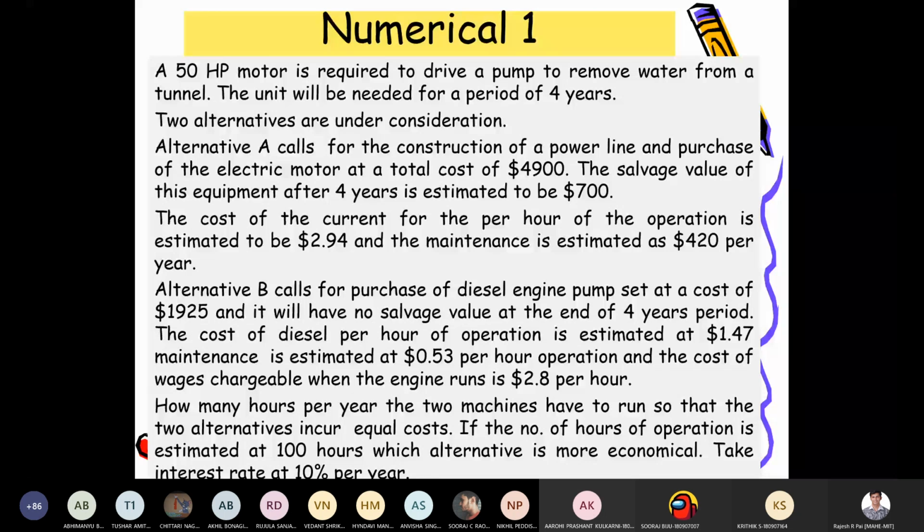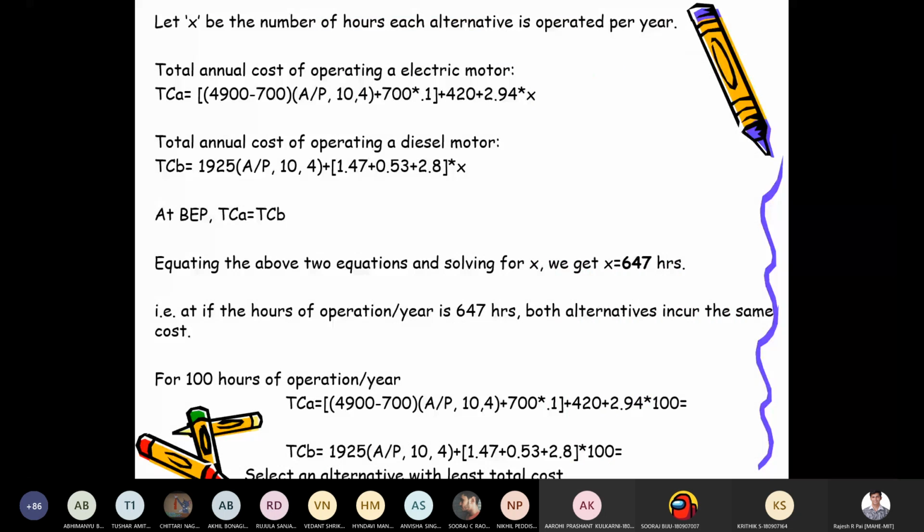Likewise, the calculation for the total cost of a diesel motor will be 1925, and there is no salvage value, so the salvage value will be 0. So it is P into A by P, 10% for a period of 4 years, plus the annual operating cost into X. Equating these two equations, total cost of electric motor equal to total cost of diesel motor at the break even point, we get the value of X as 647 hours.